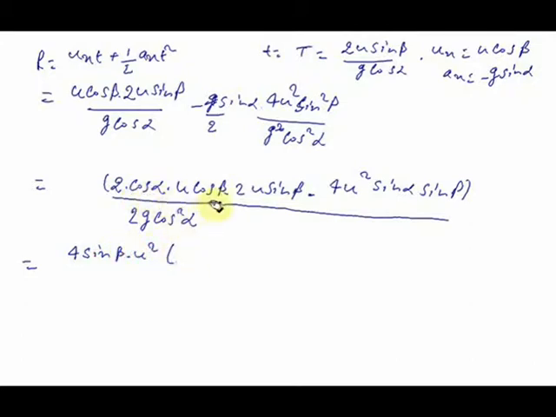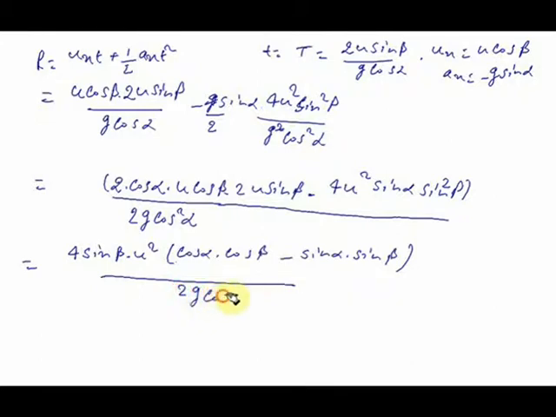So what is left here is cos alpha into cos beta, and here it is sin alpha into sin beta, this is sin square beta, by 2g cos square alpha.